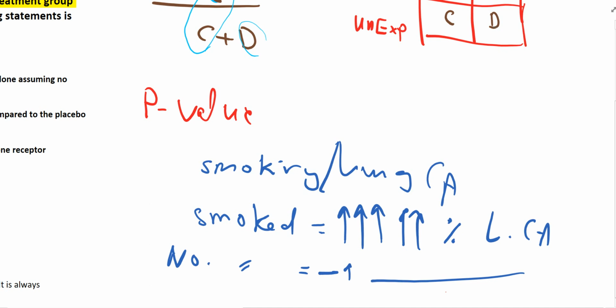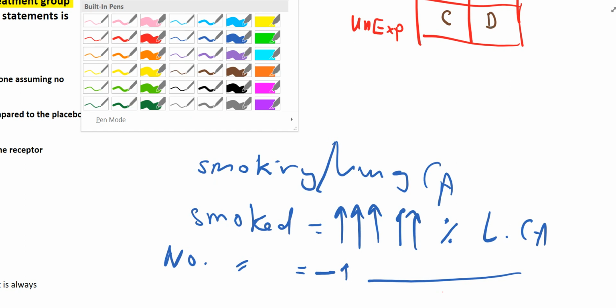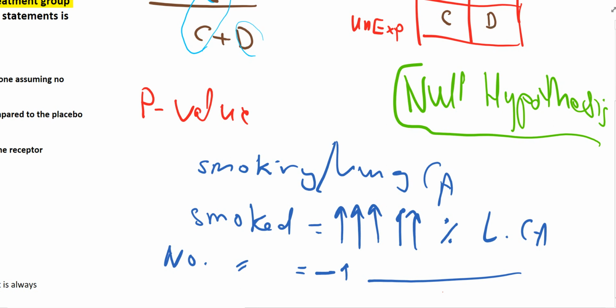Now you want to try to prove it, but you will have a committee or people from the other side saying, well, probably you calculated that by chance. And this party is usually called the null hypothesis. You can think of these people as the Republicans trying to defeat the Democrats.